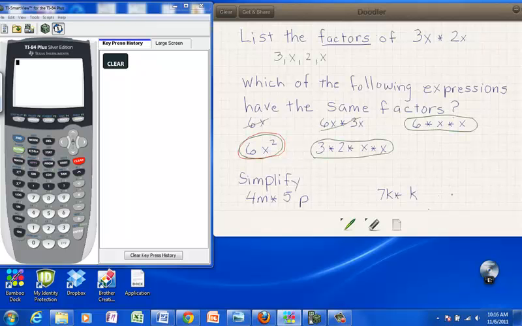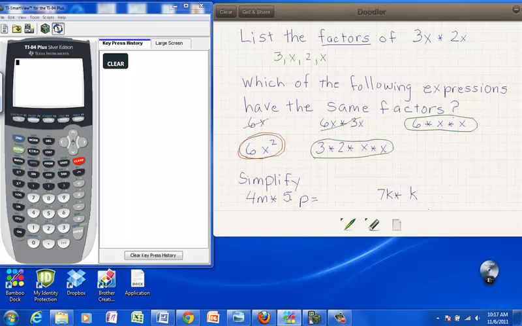Try those two. And if you're not ready, use the pause button.